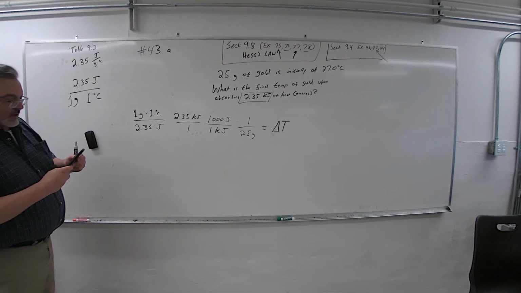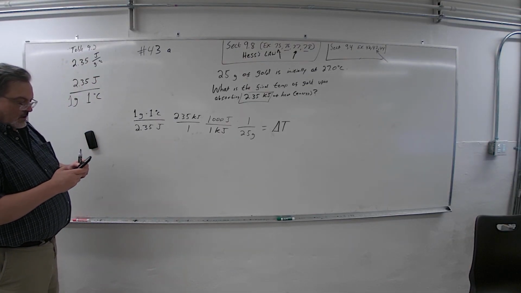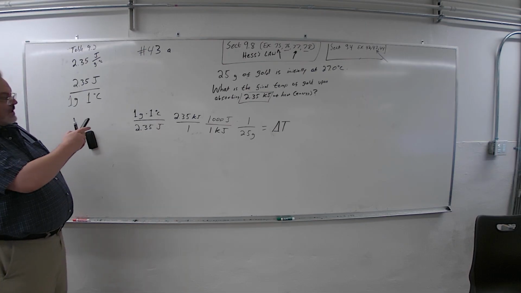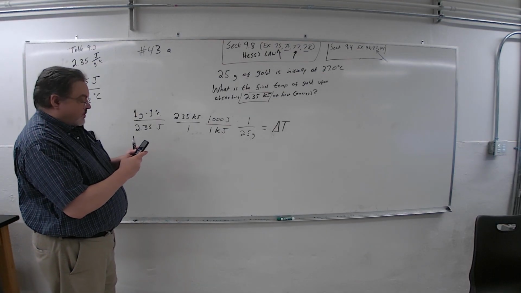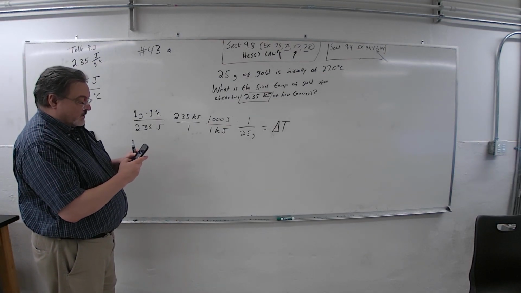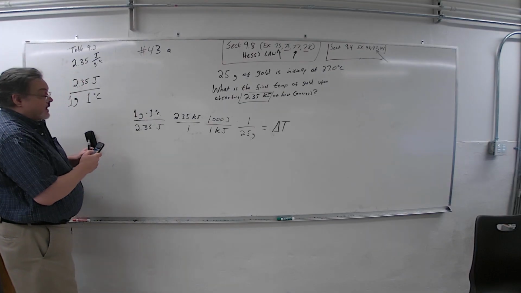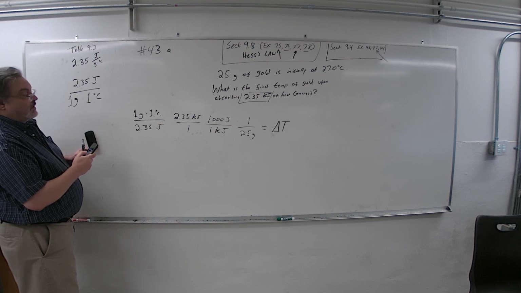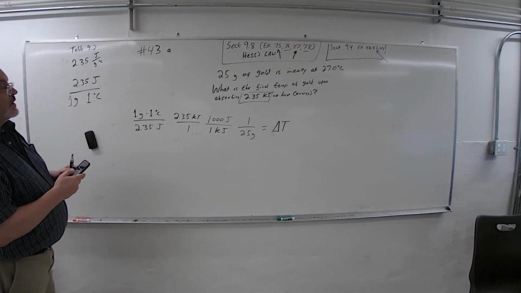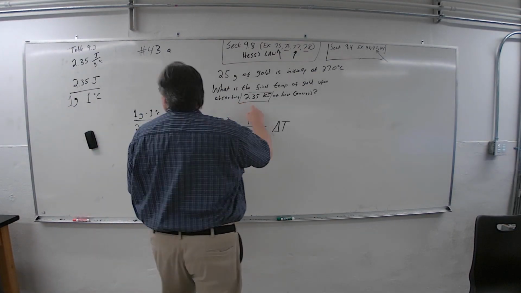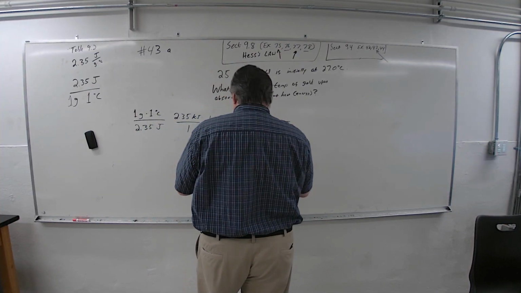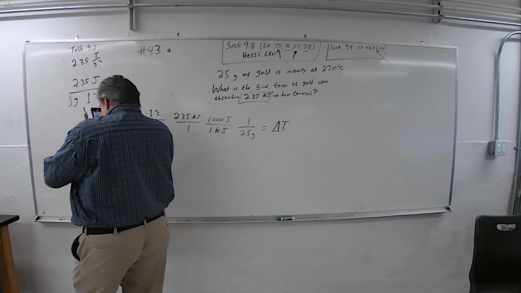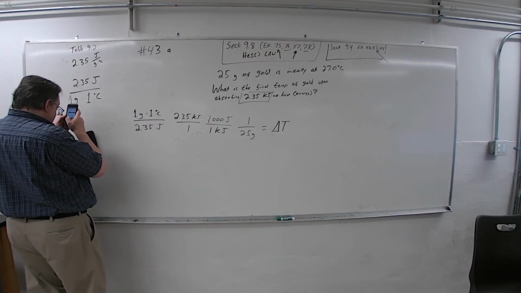So let's find delta T. All right, 1 times 1 times 2.35 times 1,000 divided by... Did it say 2.35? Did I get that off the... gold is 0.128.